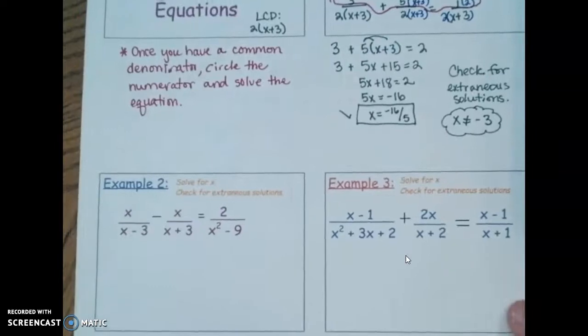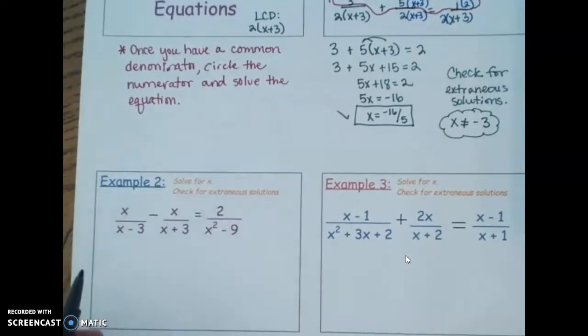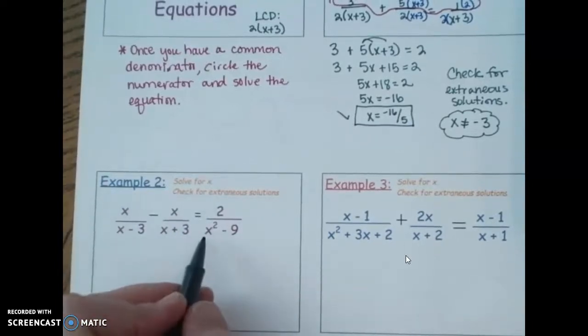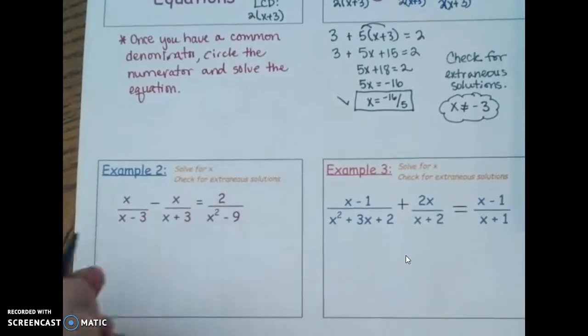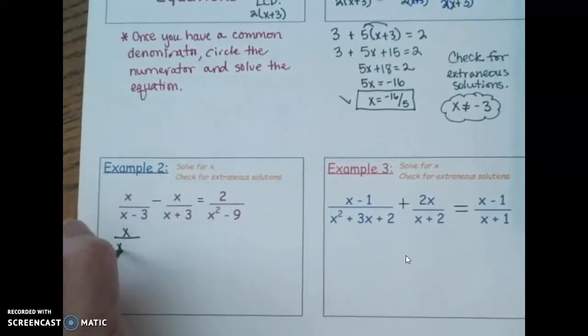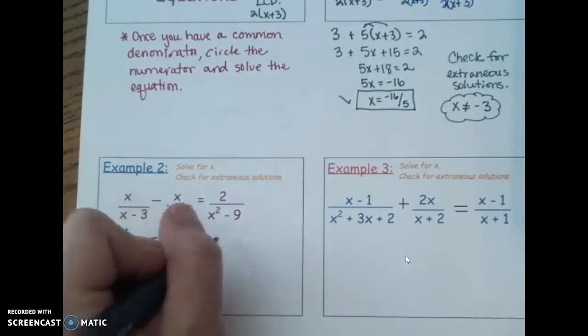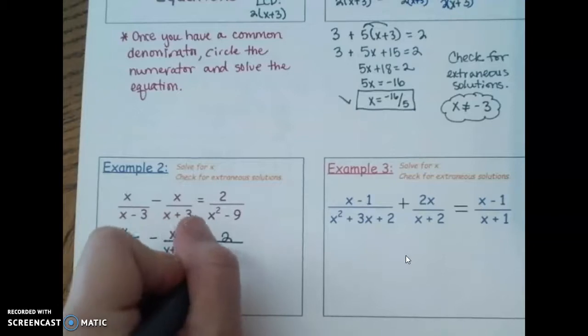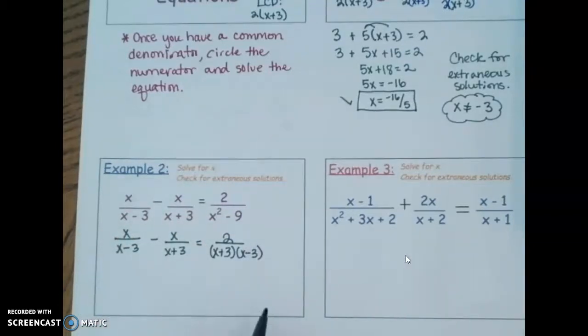Okay, so moving on to example 2. It says solve for x and then check for extraneous solutions. First thing we want to do again is we want to factor. So I see that this is a difference in squares, so I'm going to rewrite this, factoring out that denominator.